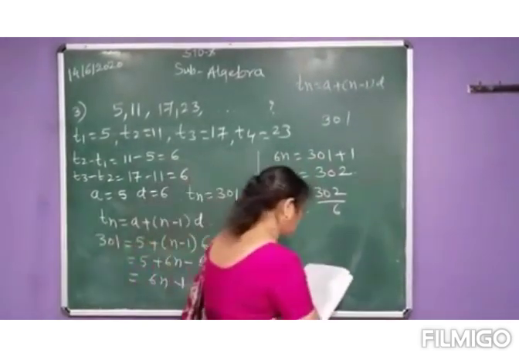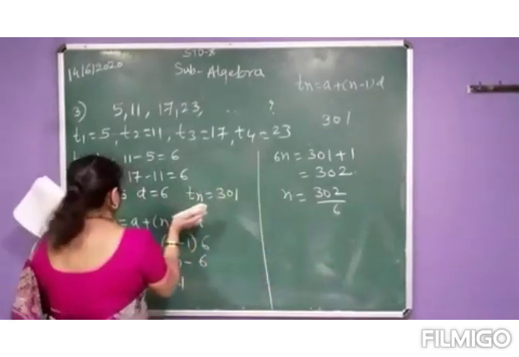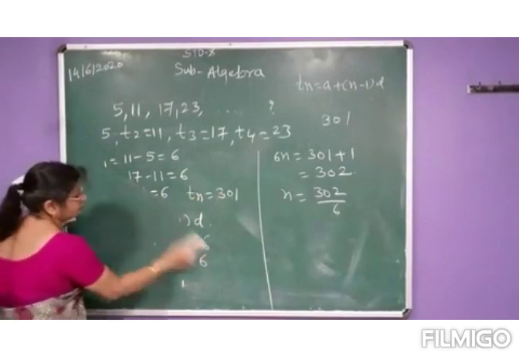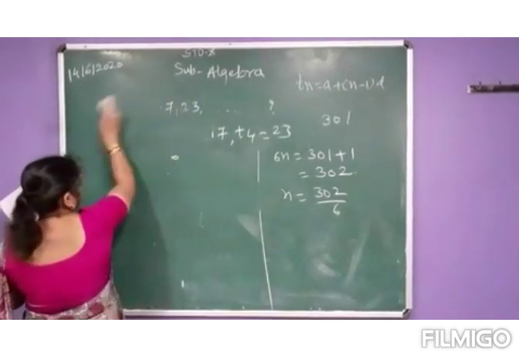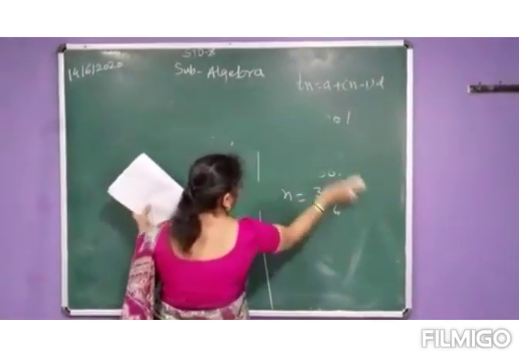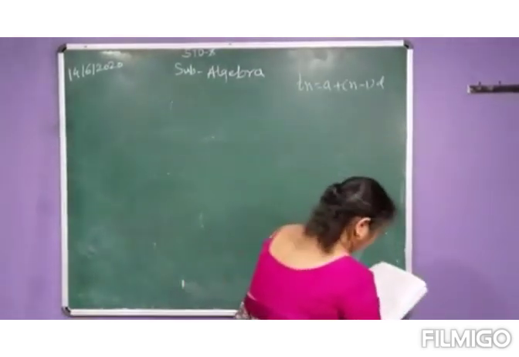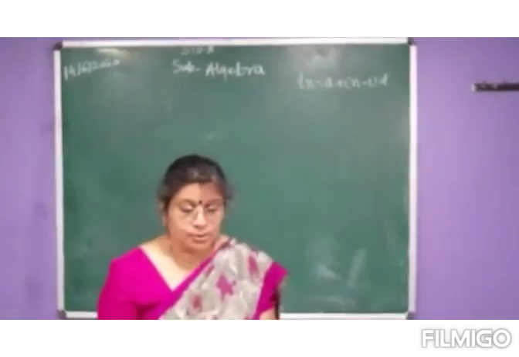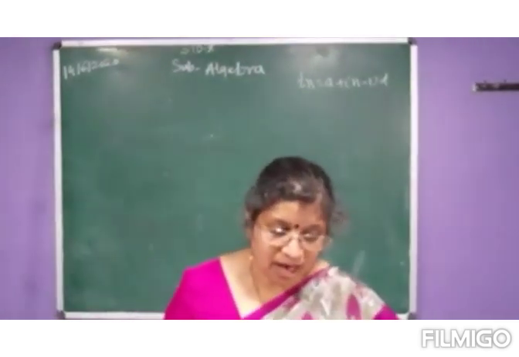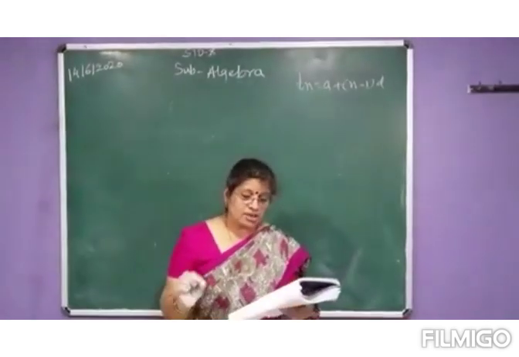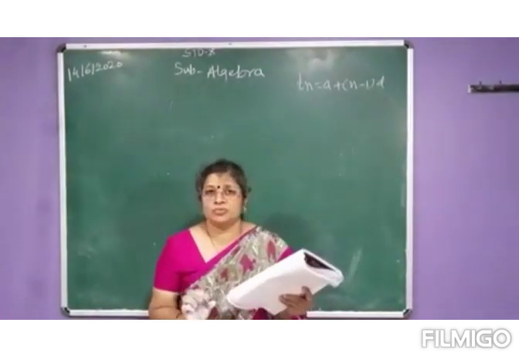Now we will go for the fourth example. So like that we have to solve. We will go for the fourth example in the solved examples and check how to do it. The fourth example is: how many two-digit numbers are divisible by 4? In this type of question you have to read the question properly.